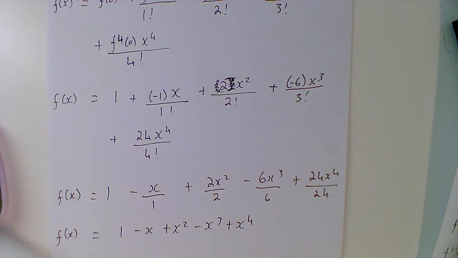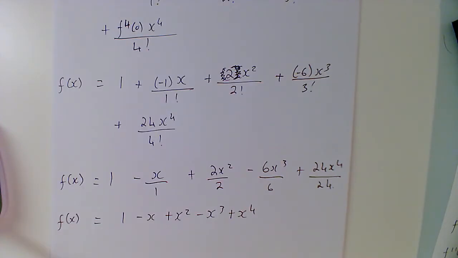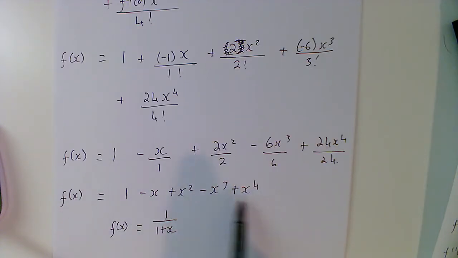So you could probably guess what would happen to the rest of the series. Take away x to the power of 5 plus x to the power of 6. You can see it's just the same thing over and over again with changing signs. Okay, so the Maclaurin expansion, or another way of estimating 1 over 1 plus x around 0, is to use this polynomial here.